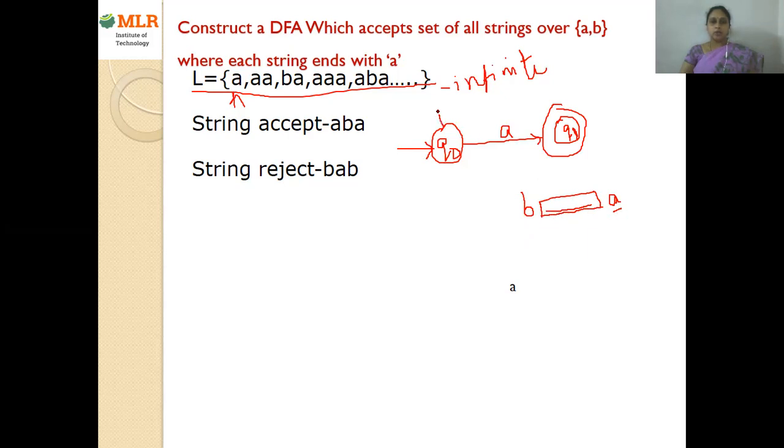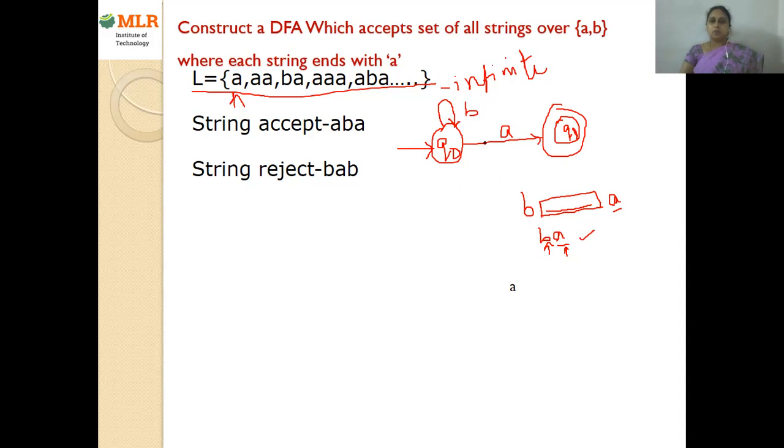That's why we are going to accept b here. What is the string it is going to take? ba. If I get b at the starting, I accept it and wait for a. If I get a, I reach the final state, because a is there at the end of this string, so it will be accepted. This is one condition.